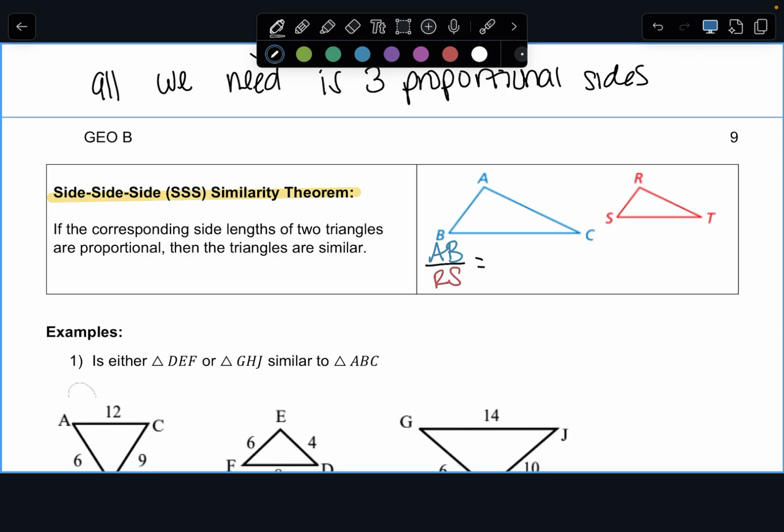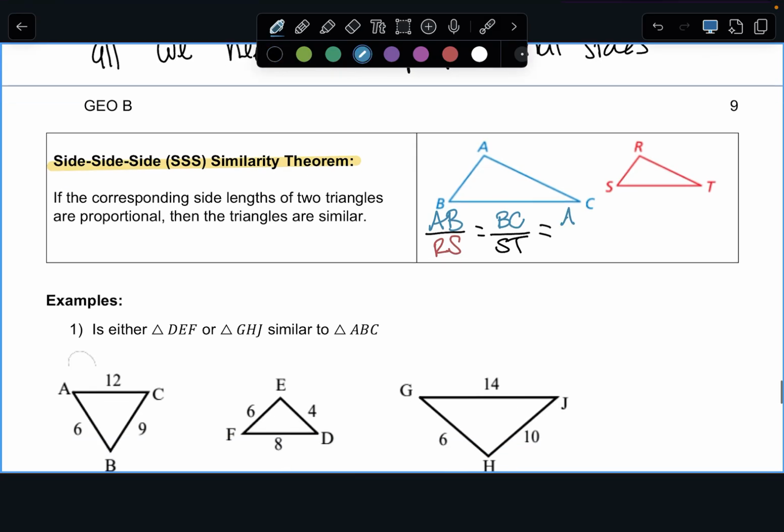We would need that to be equal to one of my other sides, BC, to be matched with ST. Those fractions have to work. They have to be the same. And they also have to be the same as our third side. We need all three. So I also need AC, which corresponds to RT. I need that fraction to be equal.